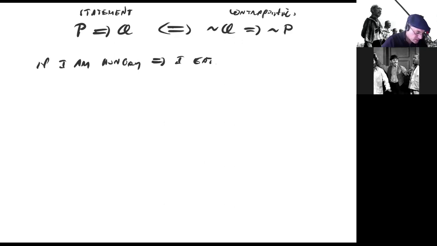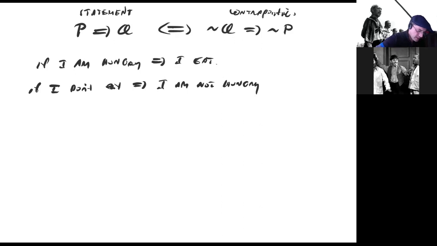If that's a true statement, then the contrapositive would be if I don't eat, then I am not hungry. In other words, if this implication always holds, every time I'm hungry, I eat, then if there's a time when I don't eat, that would mean I'm not hungry. Great.